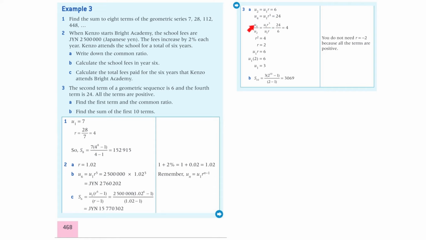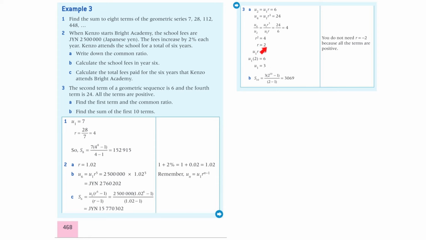Okay, so if we just divide this one by that, we have u4 divided by u2, and then we have u1 times r cubed, and u1 times r, and that equals 24 divided by 6, and that equals 4. So r squared equals 4, so r equals 2.